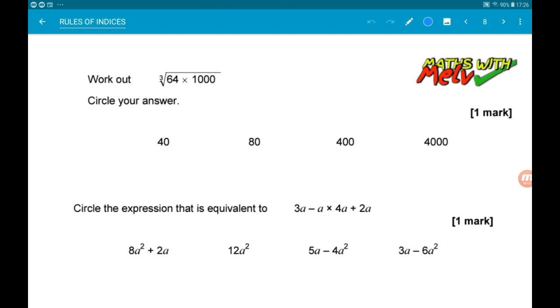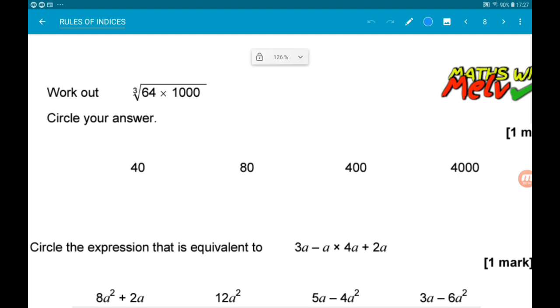Now again, because multiplication is magic, we can cube root both numbers separately and then multiply them together. So we can think of this as the cube root of 64 times the cube root of 1000.